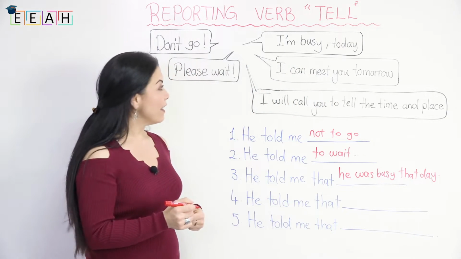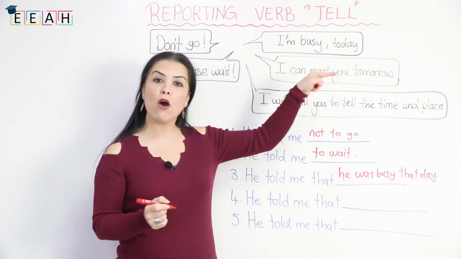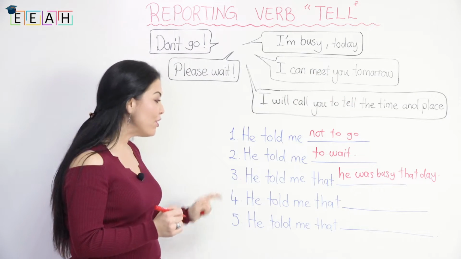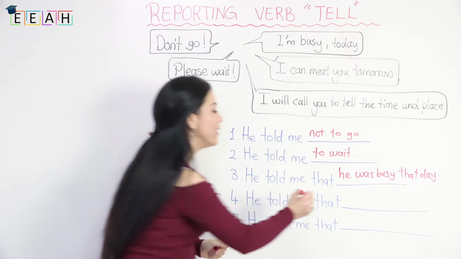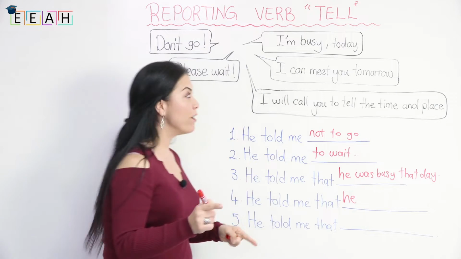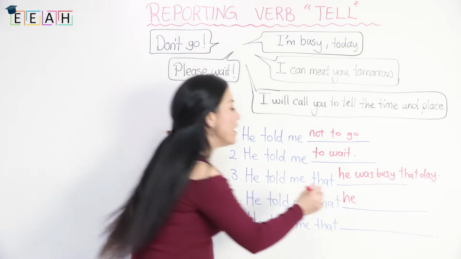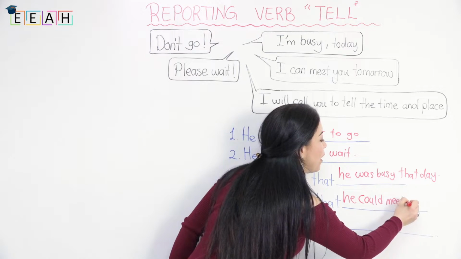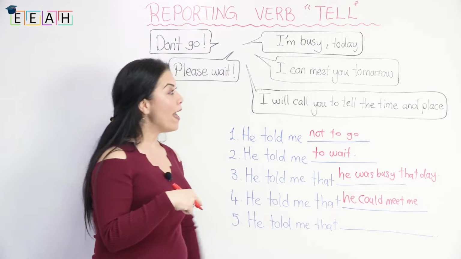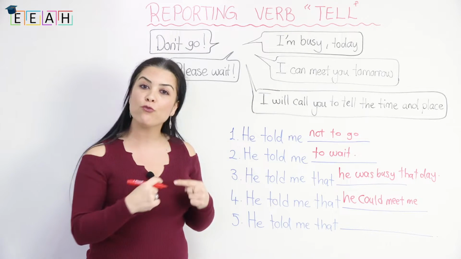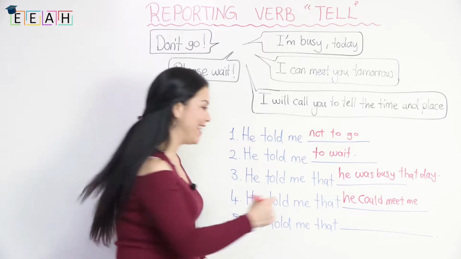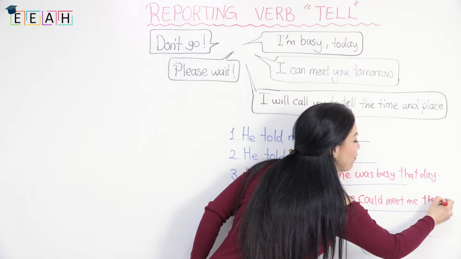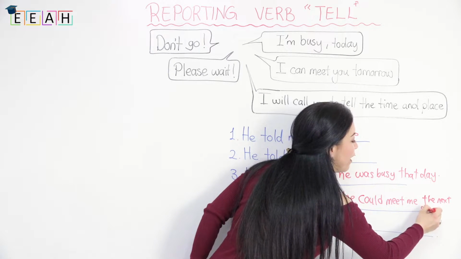Okay. Next one, I can meet you tomorrow. That's good. He told me that, we are reporting, so this changes form. He could meet me when? Tomorrow. We report tomorrow as the next day.